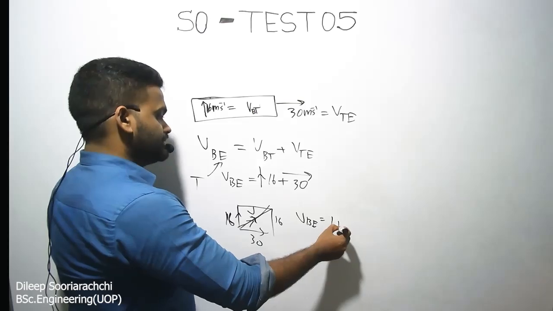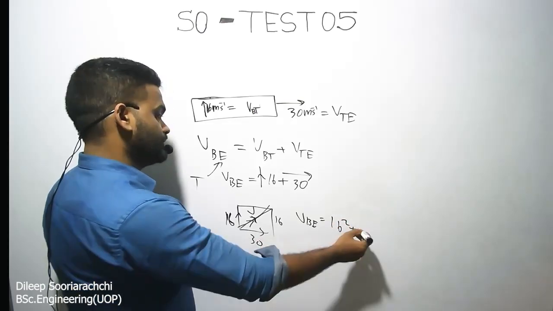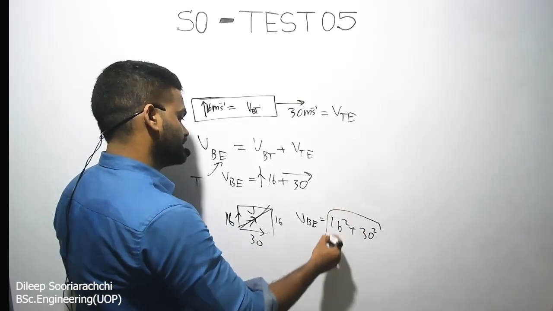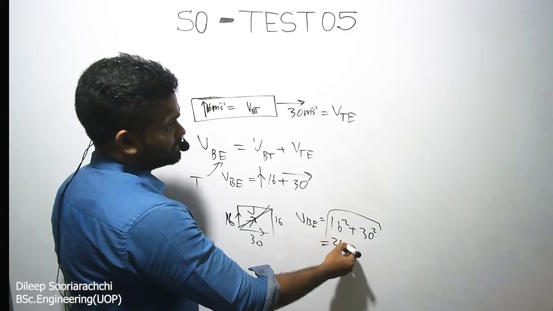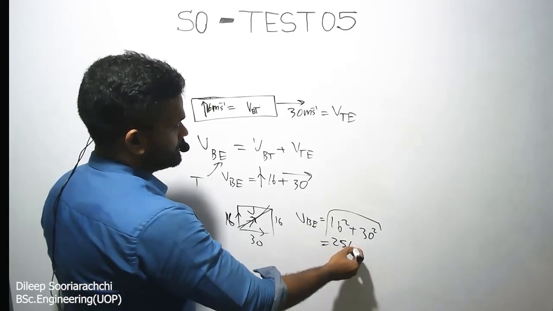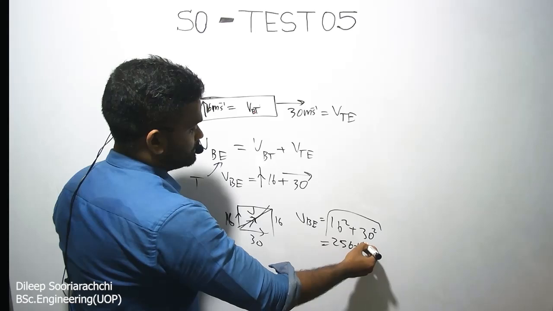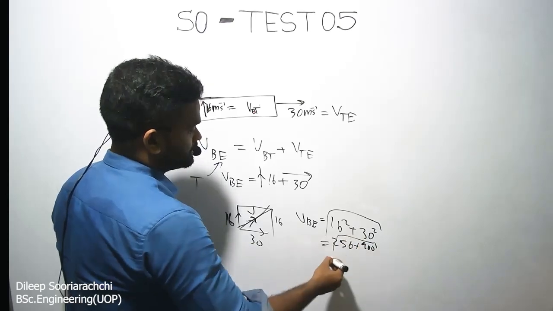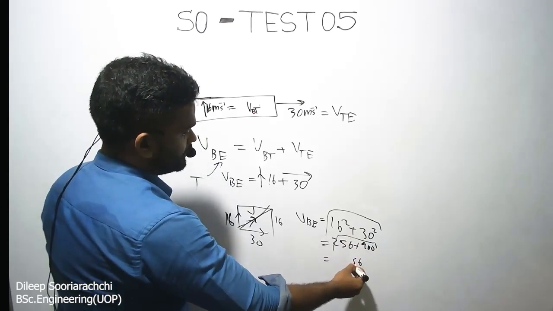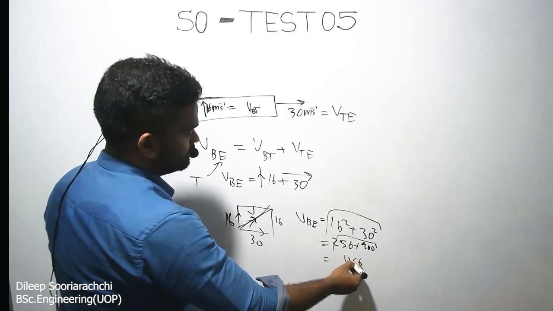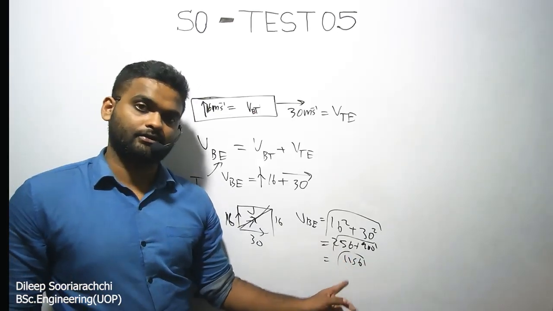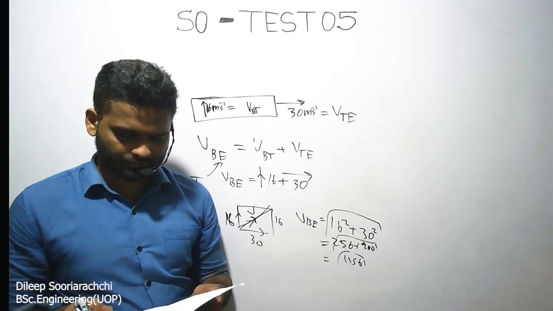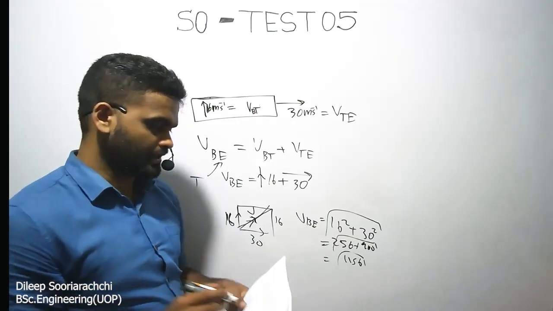Square root of 16 squared plus 30 squared. 16 squared is 256, right? Plus 30 squared means 900. Total 1156. When you take the root of that, it is 34. Okay, third answer.